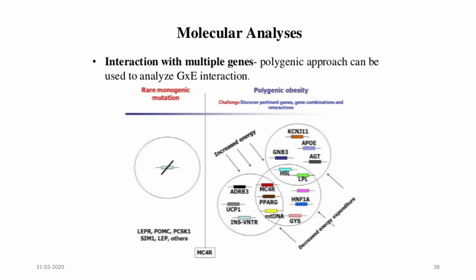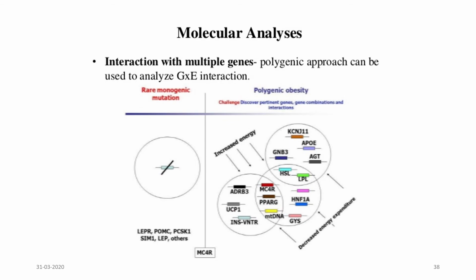When we take obesity, there are a lot of genes which are interacting. For example, the leptin gene, LEPR, the leptin receptor gene, and then POMC, a hormone precursor gene which is important for synthesis of melanotropin, lipotropin and endorphins.